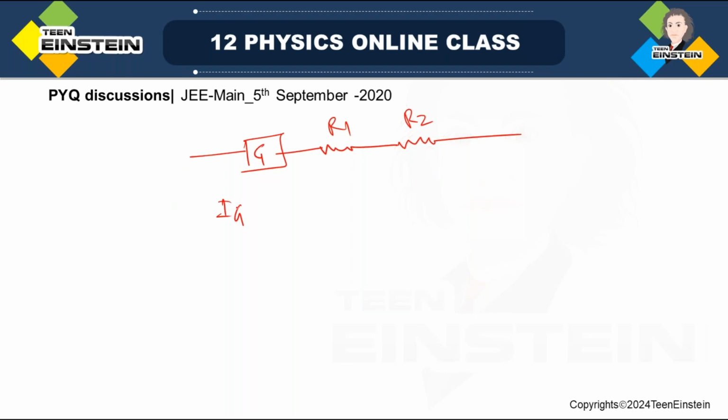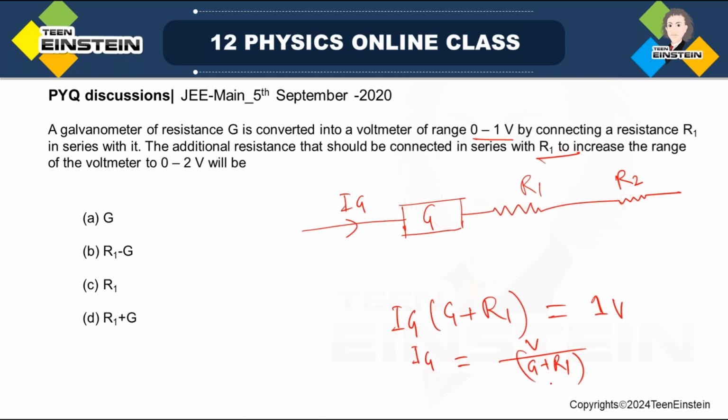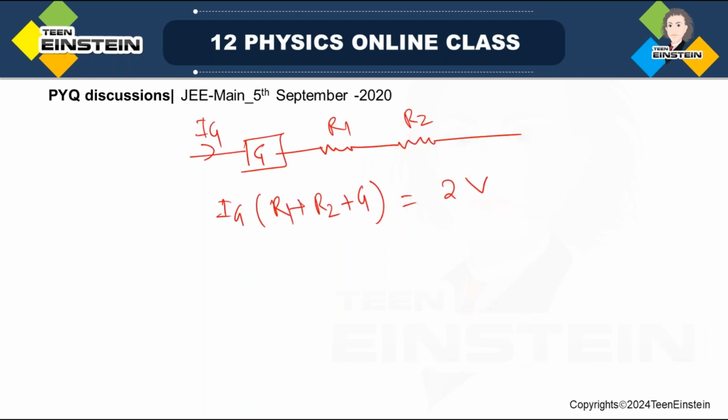That means I can write Ig times (R1 plus R2 plus G) is equal to 2 volt. Now, I do not know what Ig is, but I can find it from above: Ig is equal to V by (G plus R1).